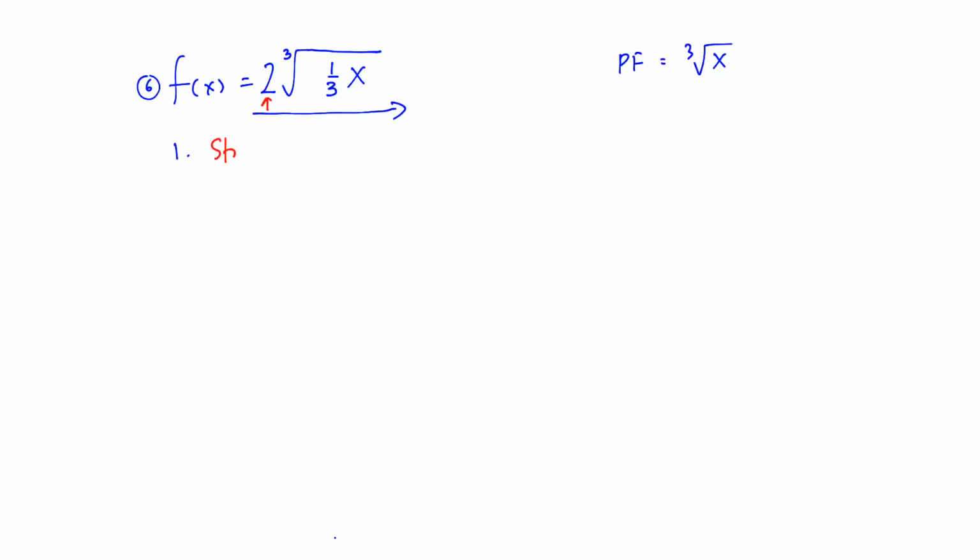So I can stretch by a factor of 2. So here, if I call this g of x, I have g of x times 2, which would mean that I have 2 cube root of x. And then I think I had a negative in here in my original question. Yes. When I get in here, I have a negative, and then I have 1/3.